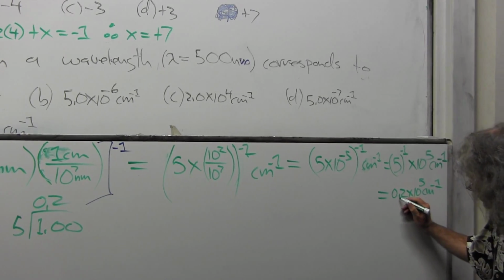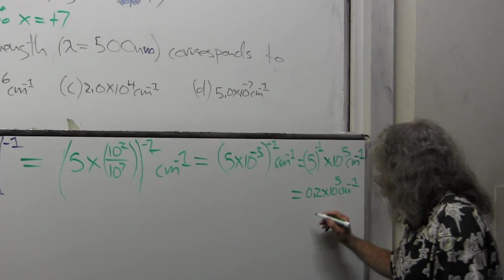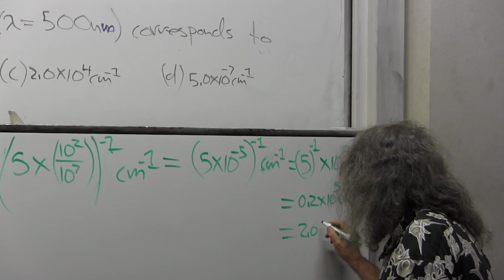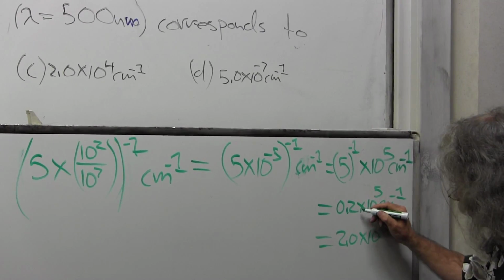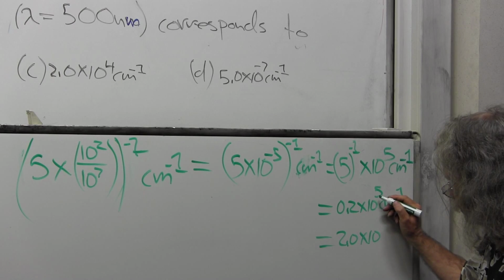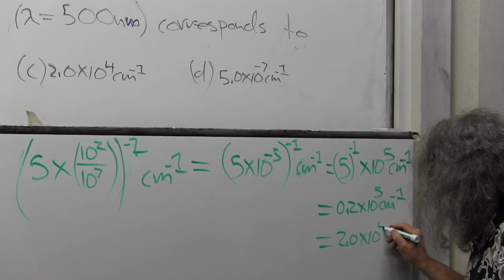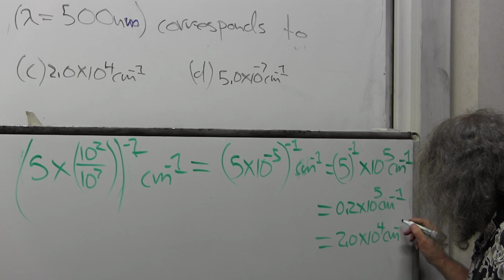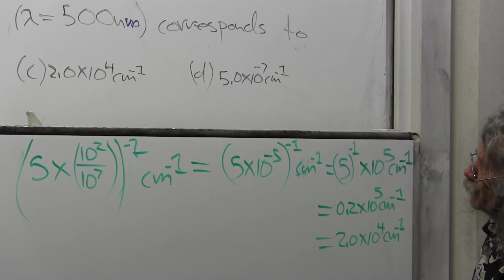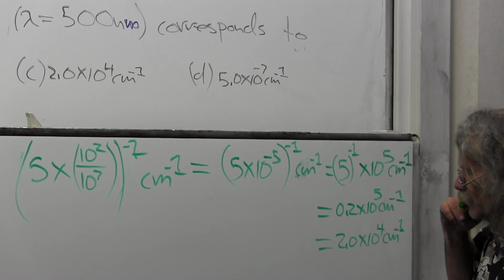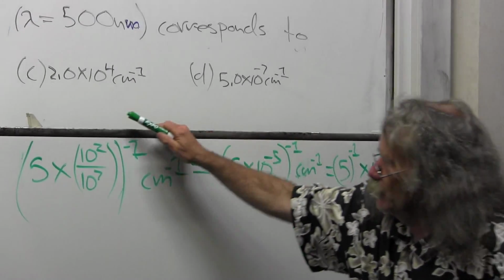And now I move this decimal point 1 to the right, and that's equal to 2.0 times 10 to the, if I move it to the right, I subtract 1. This becomes 1 lower, times 10 to the 4th reciprocal centimeters. Although I pretty much knew it was going to be a 2.